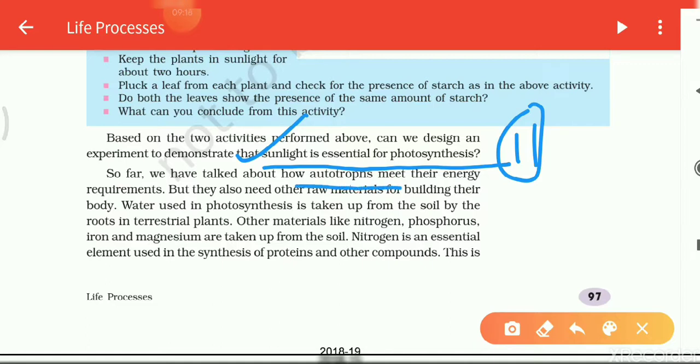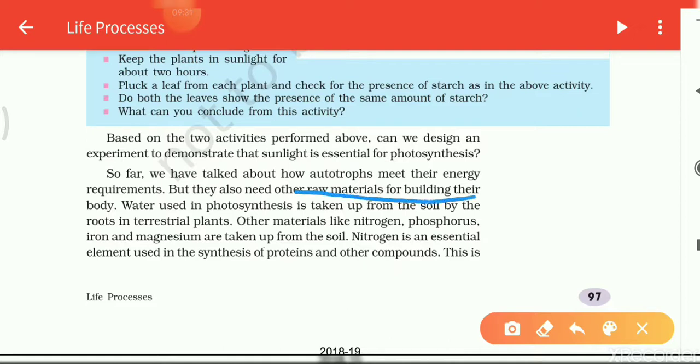So far we have talked about autotrophs. Autotrophs take their energy from photosynthesis, and they also take other raw materials for building their body.